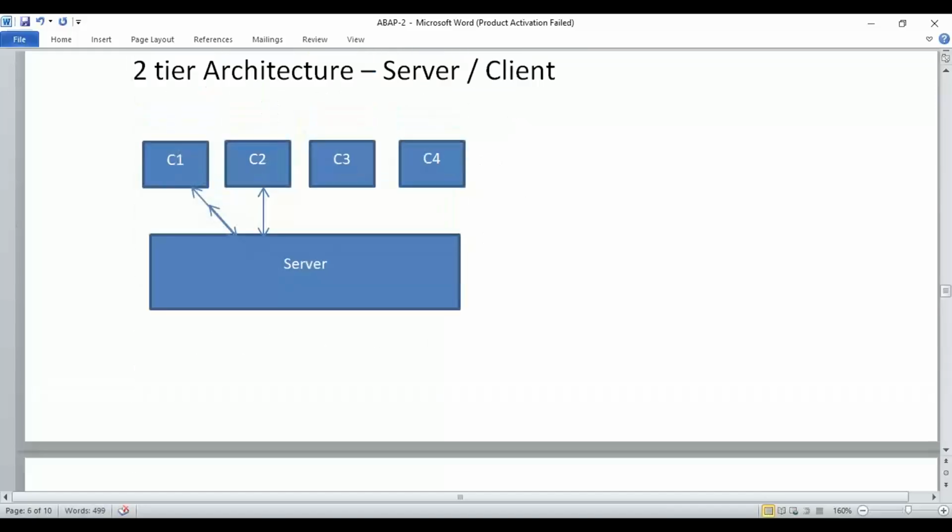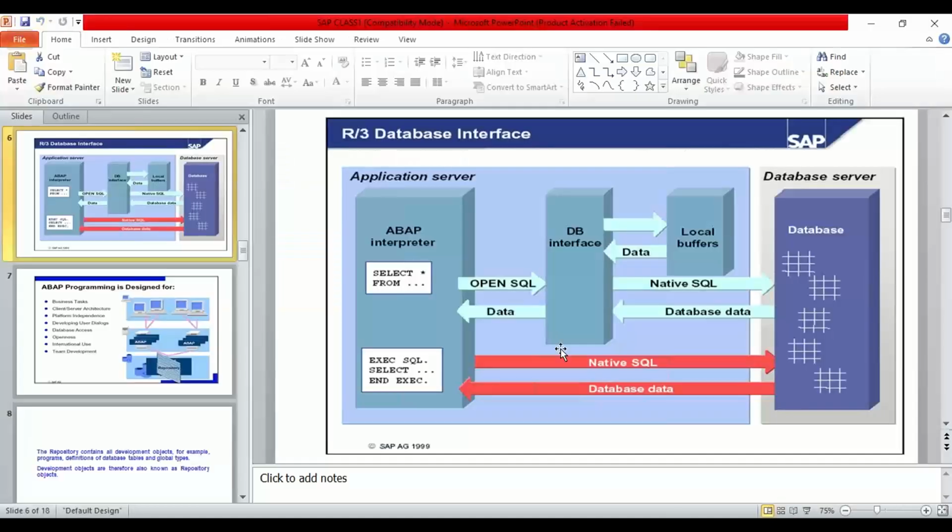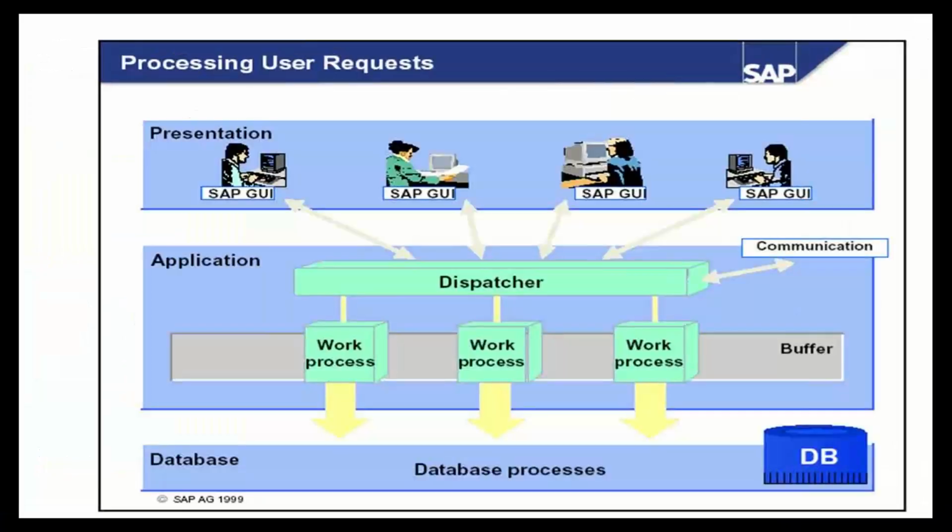So once upon a time, in the three-tier architecture, this database used to be like your pen drive. In a pen drive, can you extend it? No, right?